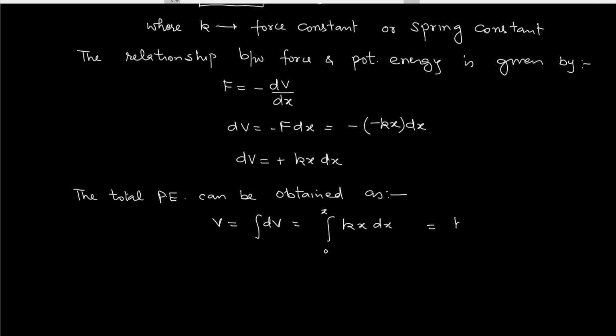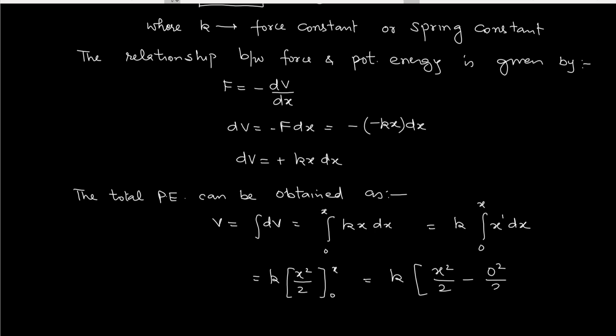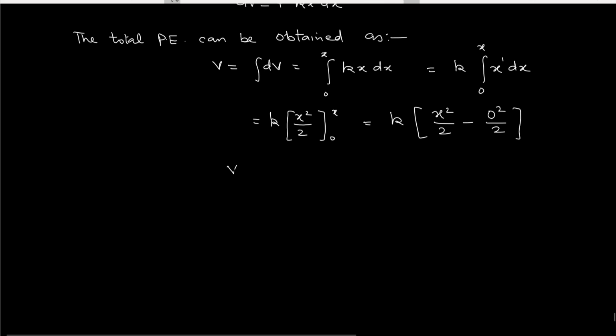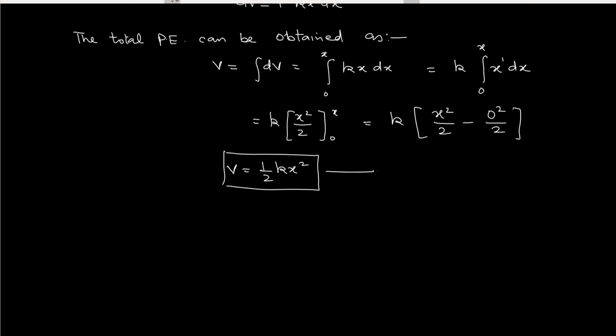K comes outside the integral sign being a constant, and x to the power 1 integrates to x raised to power 2 by 2. Substituting the upper limit, then the lower limit, the potential energy will be equal to half kx square. So this is the potential energy. We mark it as equation number 2.